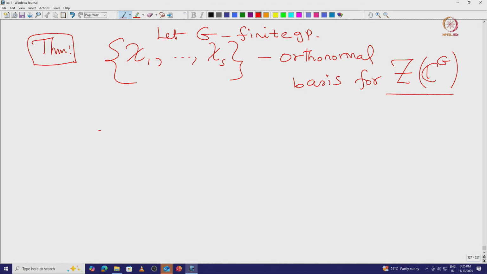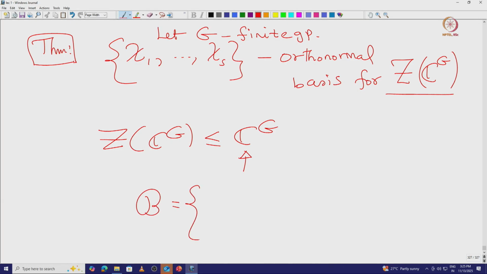Now note that this space of class functions is indeed a subspace of the C valued functions from G. Here we already have a basis consisting of normalized matrix coefficients. So, let us recall what that basis is. The basis is given by the following normalized matrix coefficients of these irreducible representations.